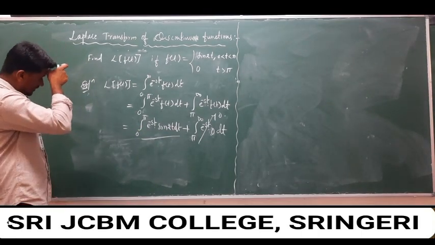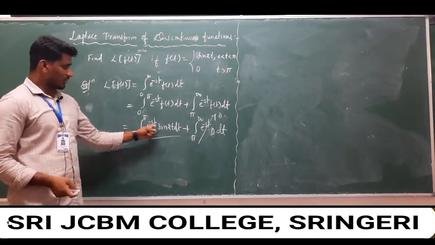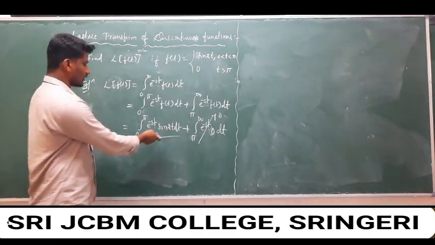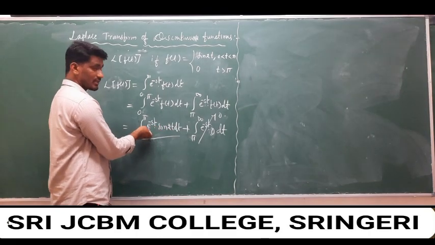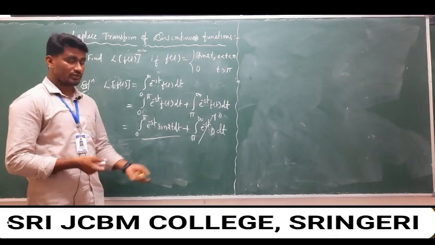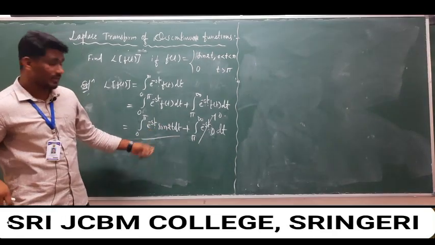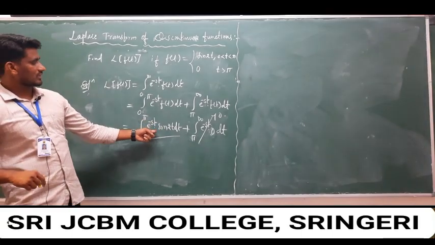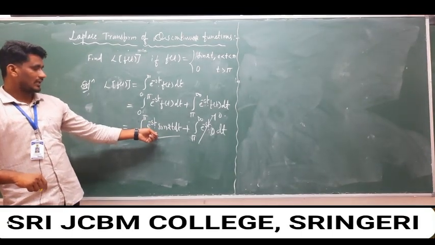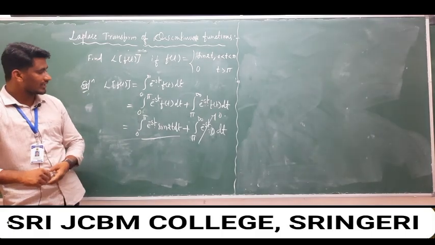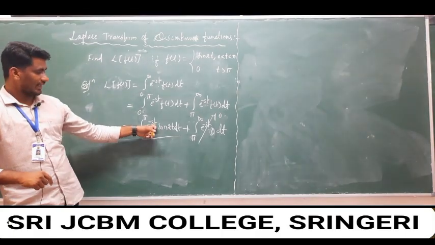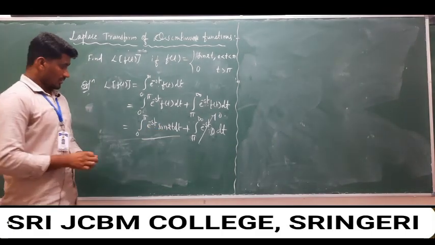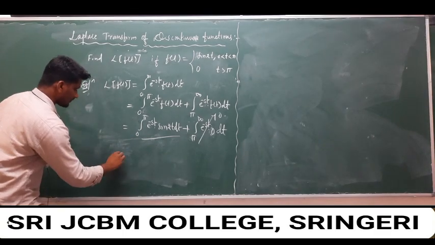Let's now look at e^(-st) and sin 2t dt. Here both are variables in product form, and we have to use the by parts method. If you apply the by parts method here, it is a lengthy process, so we have already derived this for e^(at) and sin(bt).